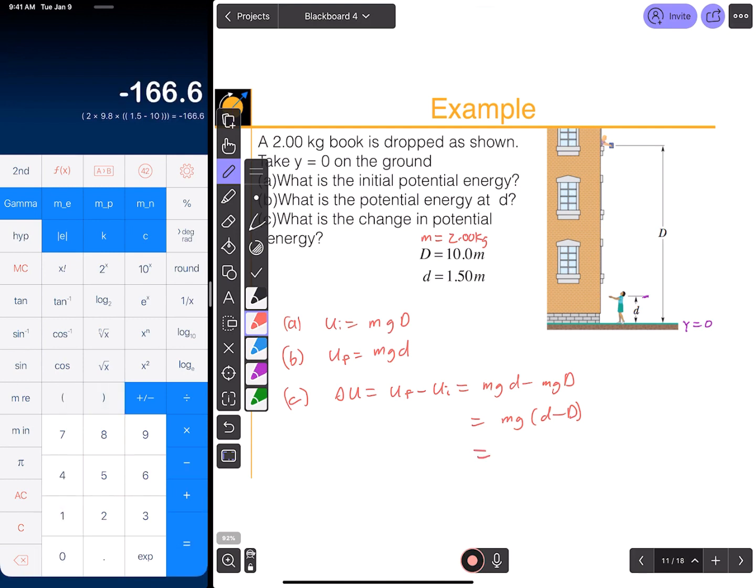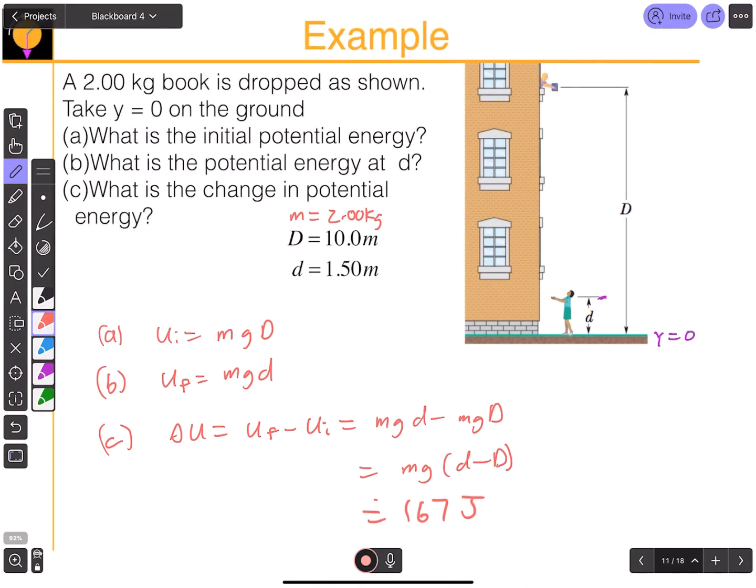So we get minus 166.6, we'll say approximately minus 167 joules. So that box that got dropped from the third story lost 167 joules of energy as it went down. And we're going to learn later on that that 167 joules that it lost was gained as kinetic energy.